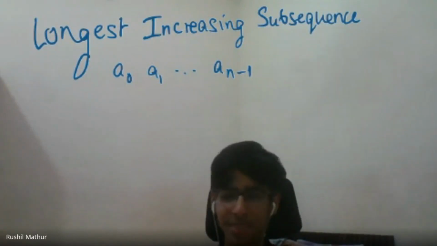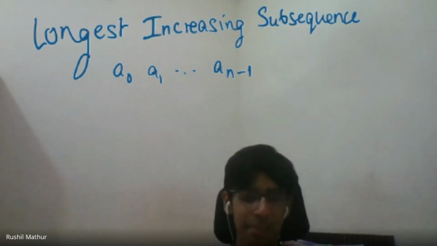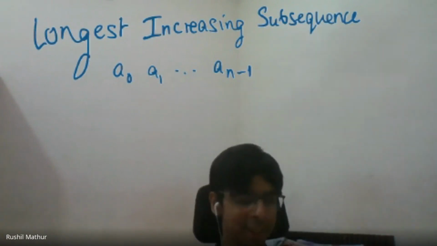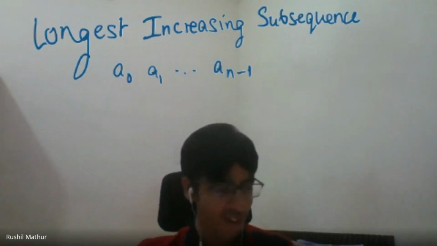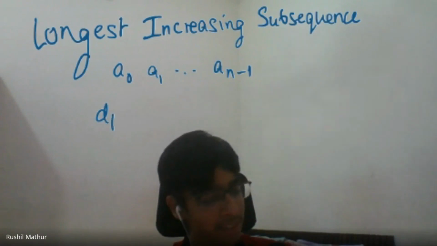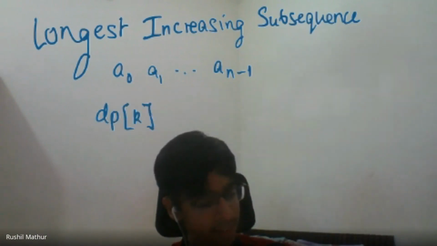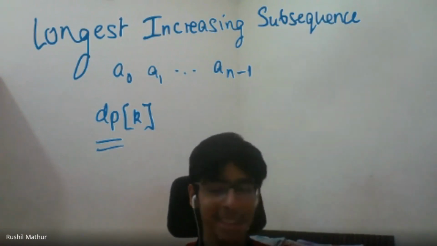So sorting doesn't work out. Greedy algorithms don't seem to work out. Dynamic programming gives us the idea of defining DP[k]. By the way, usually we use arrays called DP, where DP means dynamic programming.